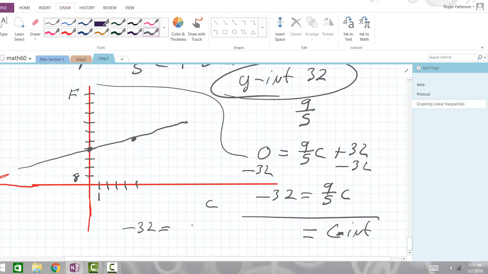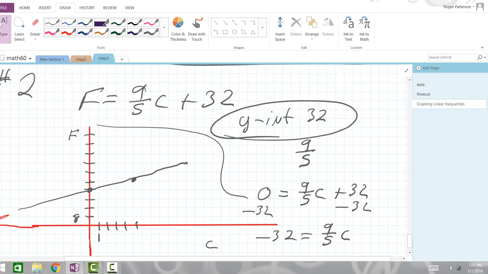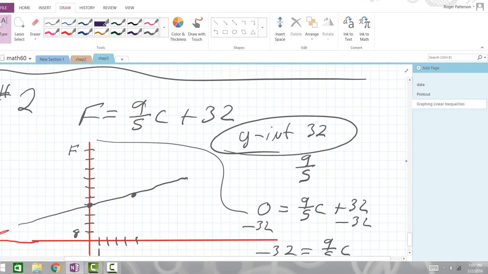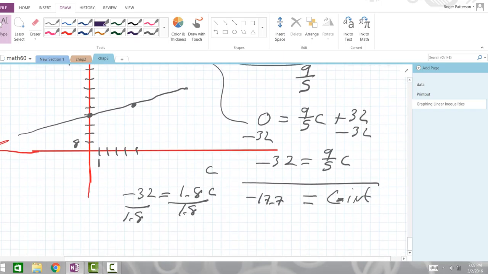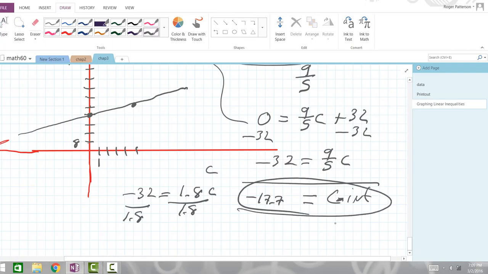So it's 32 divided by 1.8. And yep, there it is. That one's done.